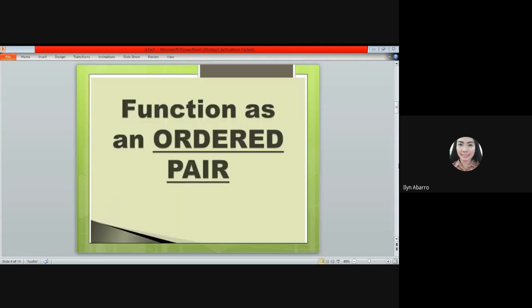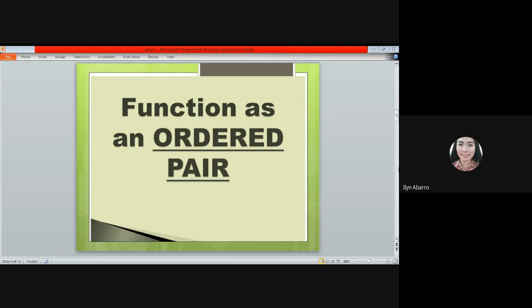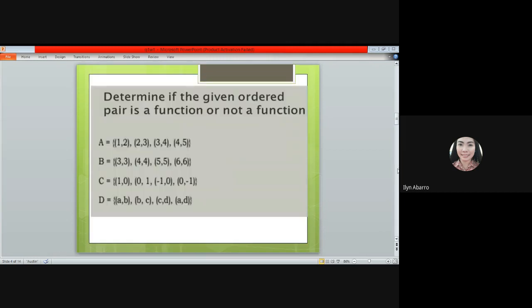Function as ordered pairs. A function can be shown in different ways. The first one is through an ordered pair. How is a function determined as an ordered pair? An ordered pair is a set of two numbers which includes the x coordinate and the y coordinate. The x coordinate is what we call the domain and the y coordinate is the range.